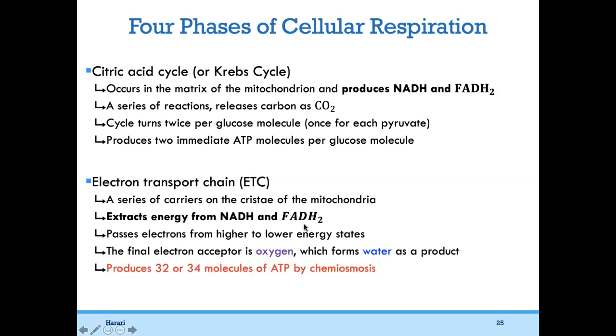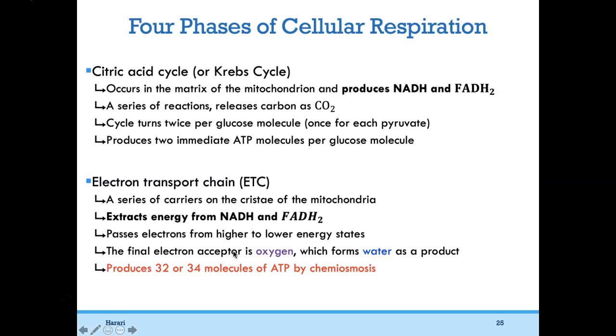We could then use all of the electrons' energy to pump protons across the membrane and then use that potential energy to make ATP by chemiosmosis. Just like in photosynthesis, how we pumped protons out of the thylakoid to make a concentration gradient and to use that concentration gradient to make ATP, we're doing the same thing.